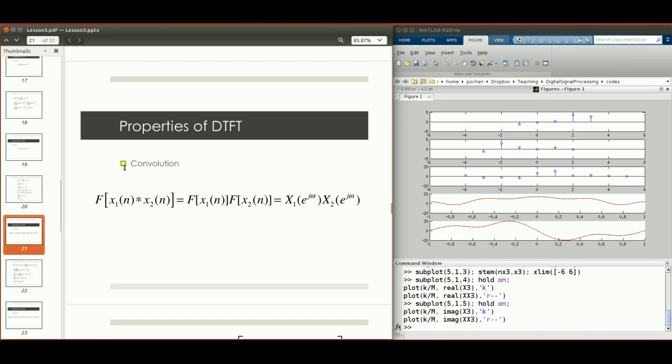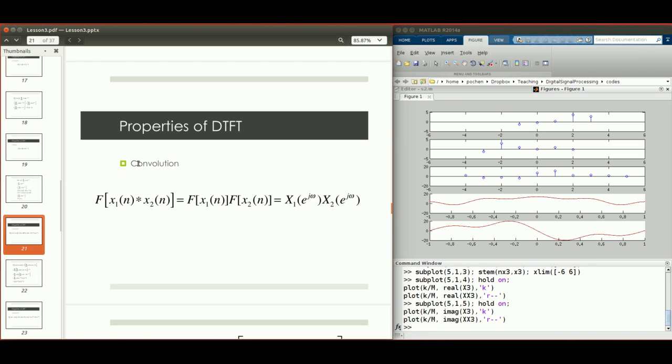So in the time domain, if you convolve multiple signals together, in the frequency domain it's equivalent to multiplying the Fourier transforms of each of the individual signals, right?